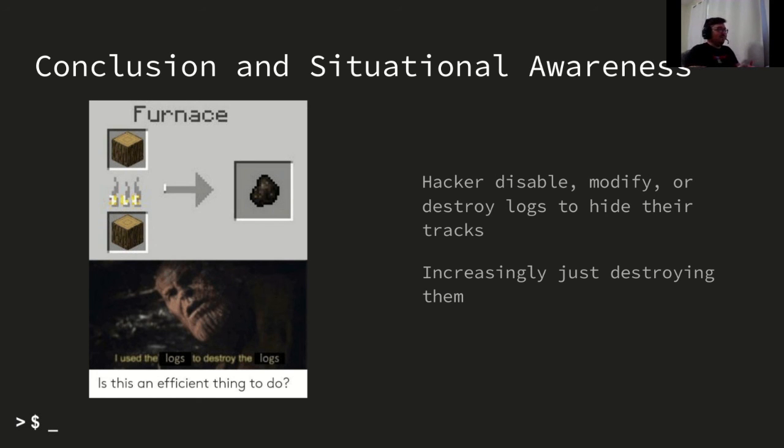But to wrap up this workshop, I just wanted to go over some of the things that go on with these logs. One of the important parts of situational awareness in the environments you'll work in the future, on the security side, is hackers. One of the things you do is cover your tracks when you leave.